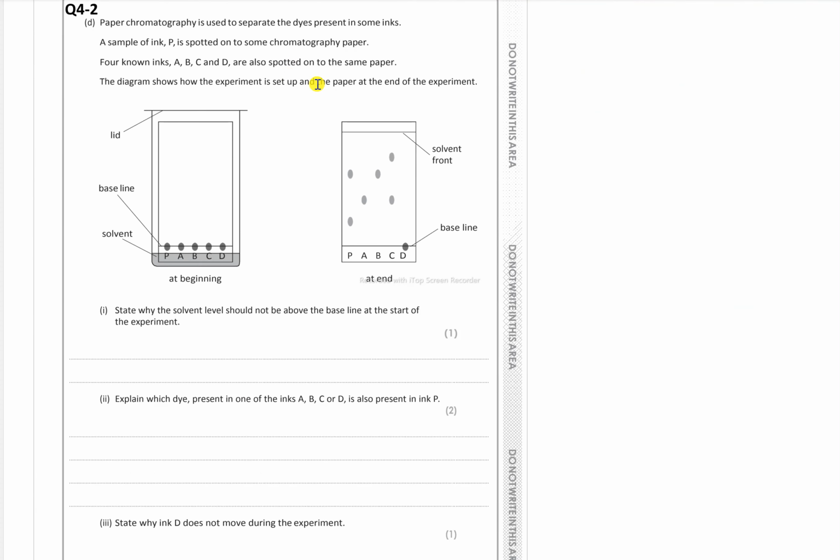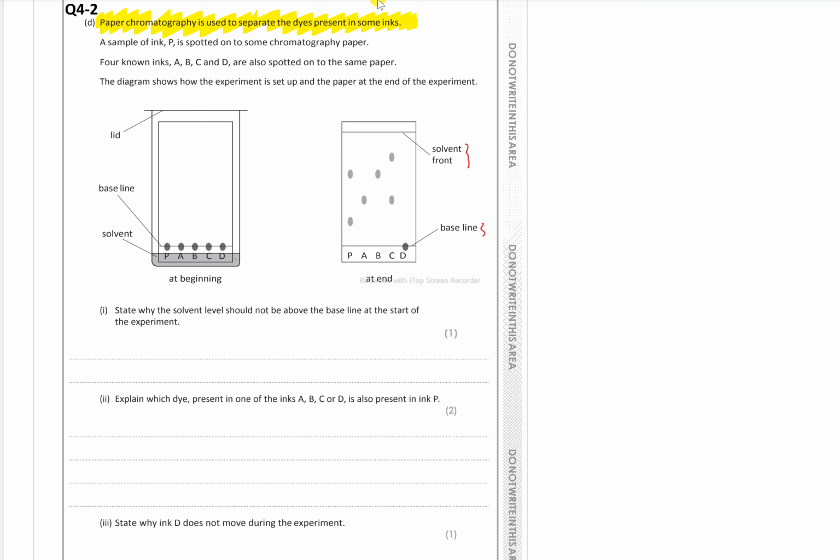Right, let's move on. Oh, chromatography. There you go, that's a good definition. Paper chromatography is used to separate dyes present in some inks. Everything's labeled up: that's the solvent front, that's the baseline.